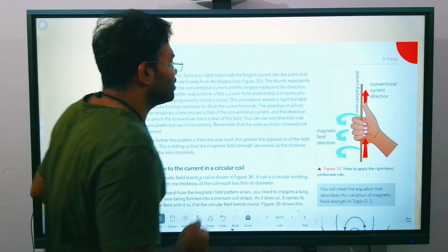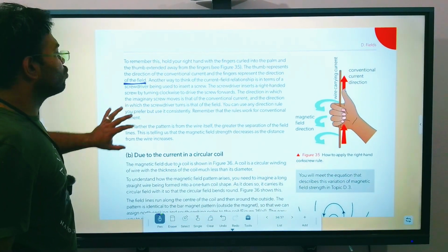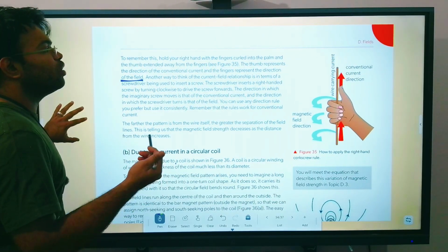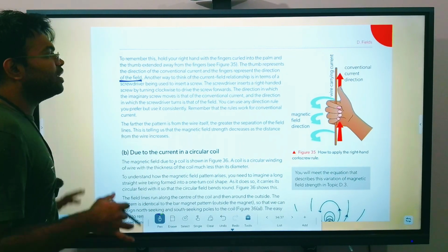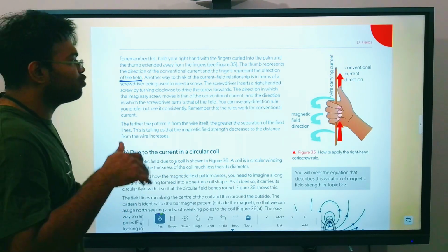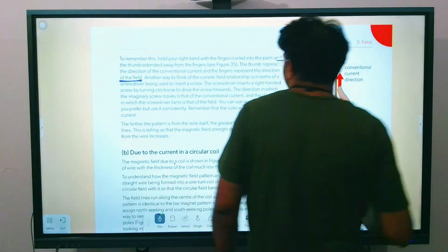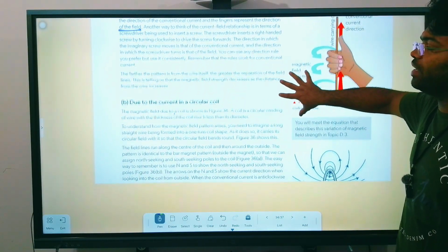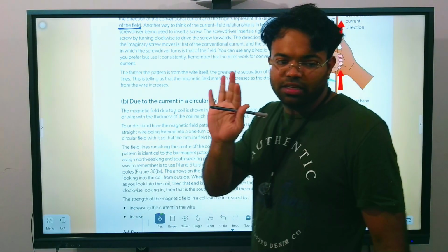The screwdriver inserts a right hand screw by turning clockwise to drive the screw forwards. The direction in which the imaginary screw moves is the conventional current, and the direction in which the screwdriver turns is the field. You just have to remember this, nothing else.